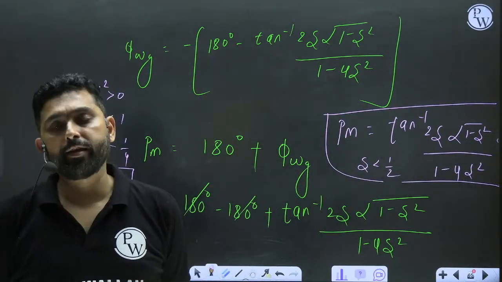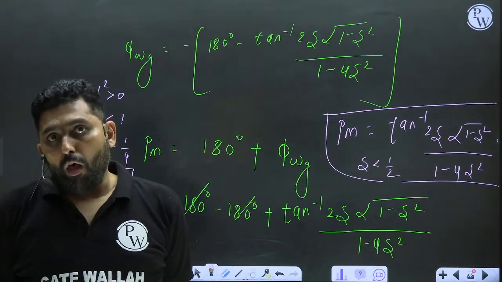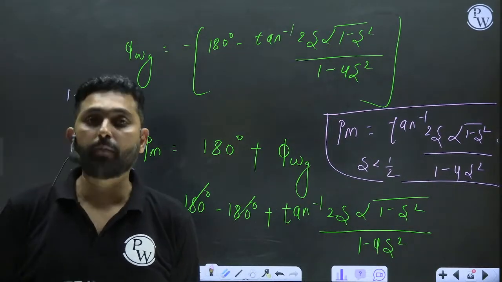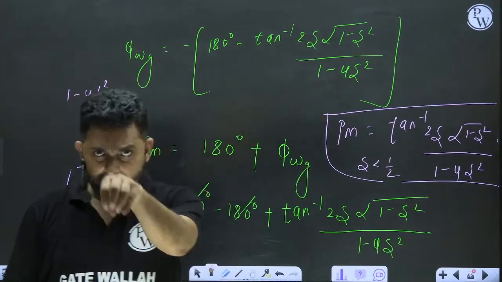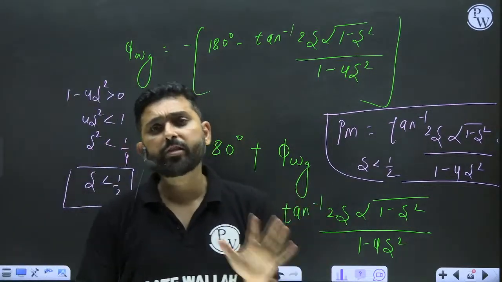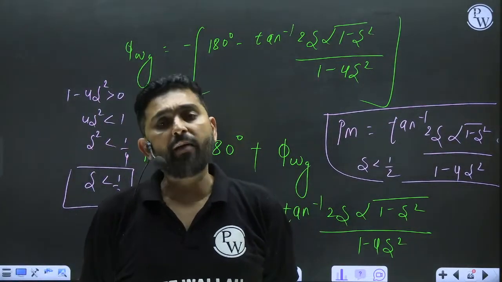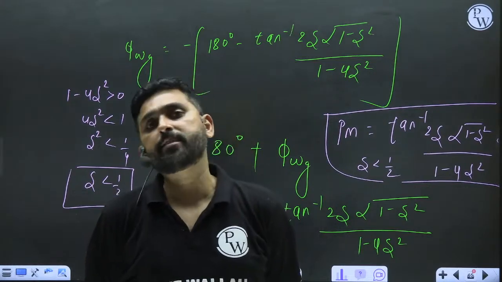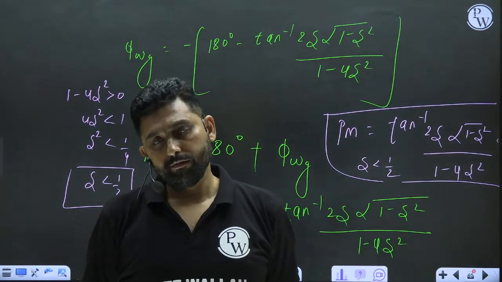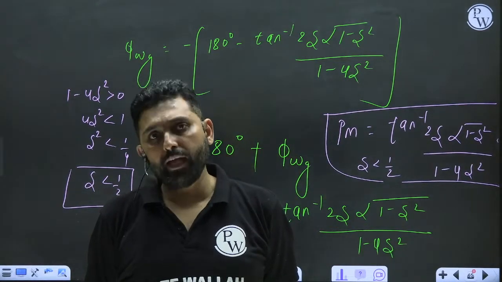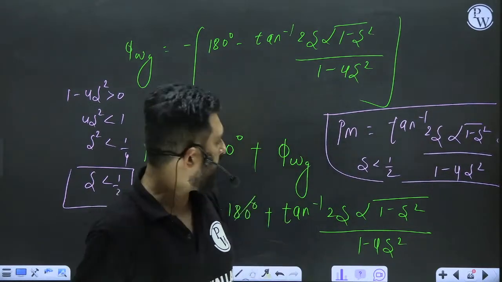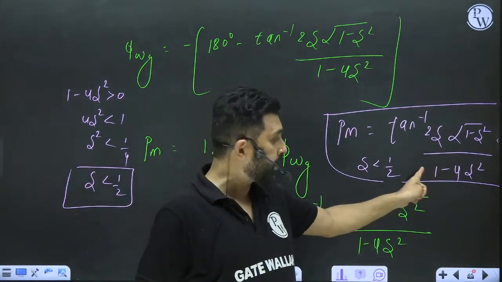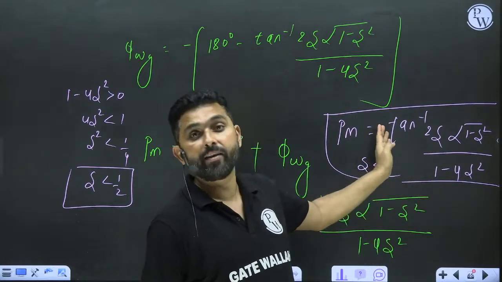Hello everyone, yes or no? This is phase margin. What is phase margin? We will see in this week itself. What do you mean by phase margin? We have a relationship between phase margin and zeta, and zeta has to be less than 0.5, because don't make this negative, otherwise 180 degree will again come.